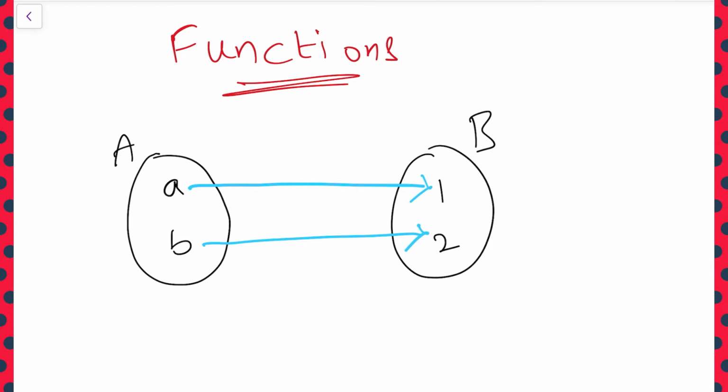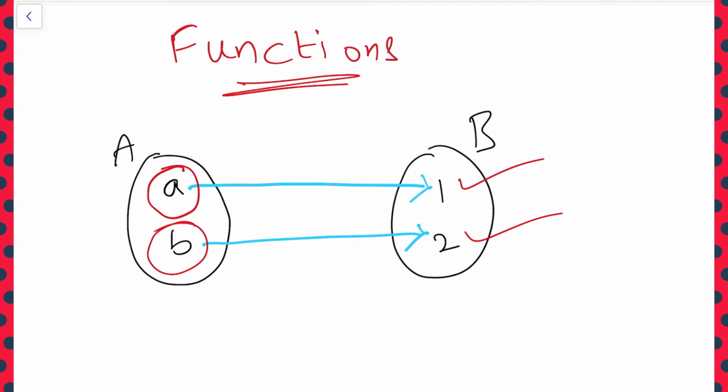Every element of set A should have an image. a is an element in set A. It has image 1. b is another element of set A. It also has an image. Every element of set A should have an image from set B.